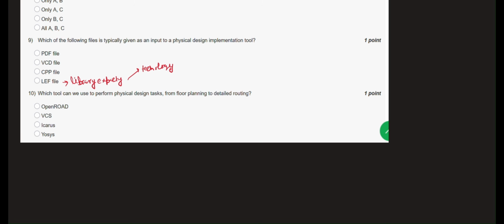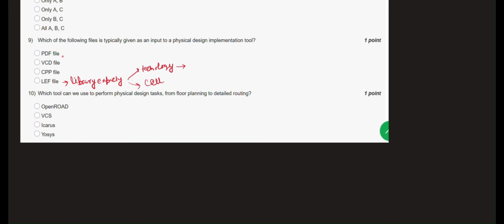Technology is defined by the foundry itself, like the width and thickness of the interconnect lines and the sheet resistance. And the cell library covers what kind of cells we are going to use, what the intrinsic capacitance is, and all these things. So LEF, library exchange format, is going to be taken into account by the physical design implementation tool.